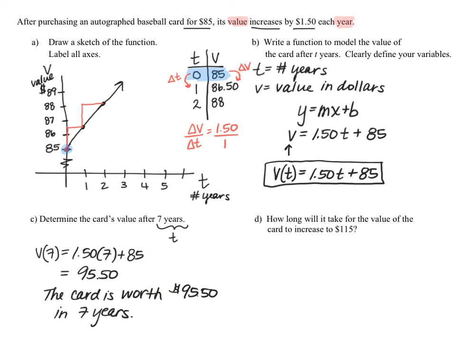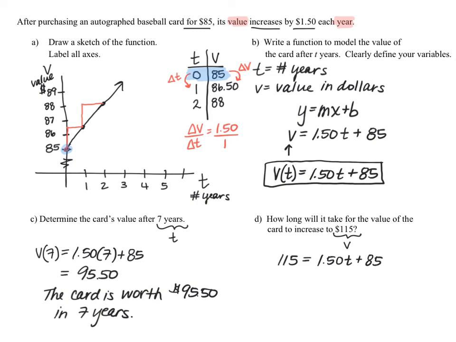Same thing. Part D, how long will it take for the value of the card to increase to $115? So this time I've been given a value, V. So now we are going to be substituting 115 in for V in my equation, which is 115 is equal to 1.5t plus 85.